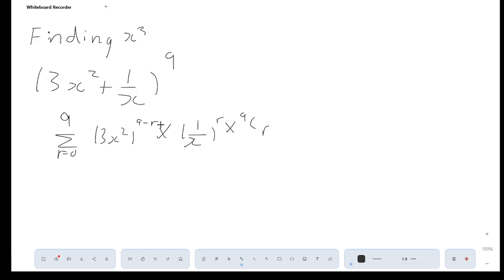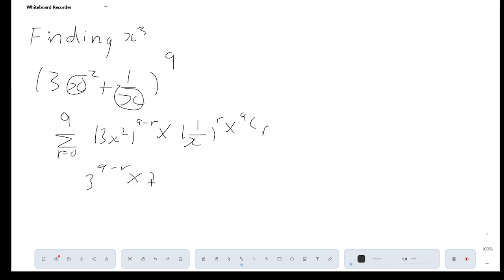9Cr. Okay, and now you may be wondering, oh yeah, let's just find x cubed by letting 9 minus r be 3, and then we could try argue an expression for 3, but this is not the case, because we have two x variables, so we need to fix this by using proper algebraic techniques, using indices rules, if you remember from year 9.